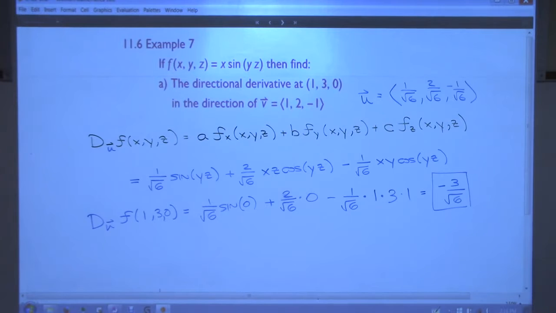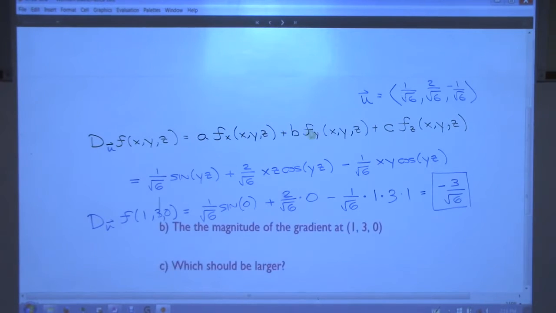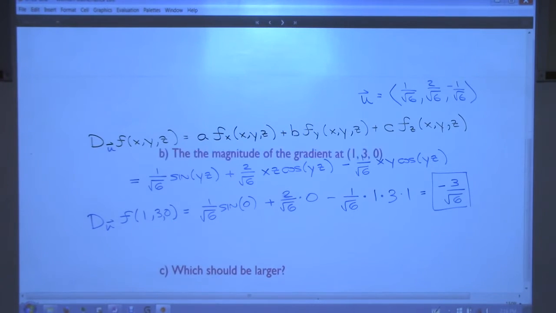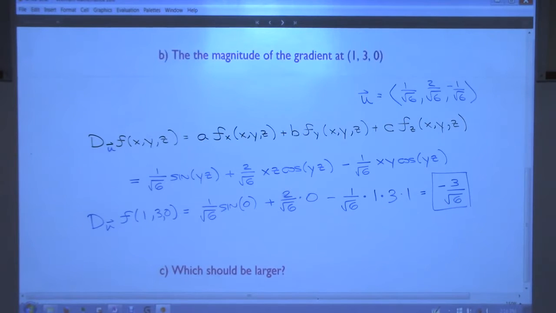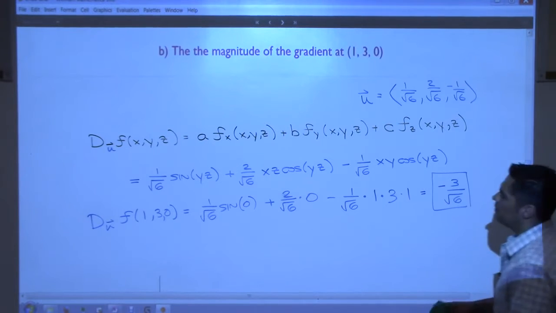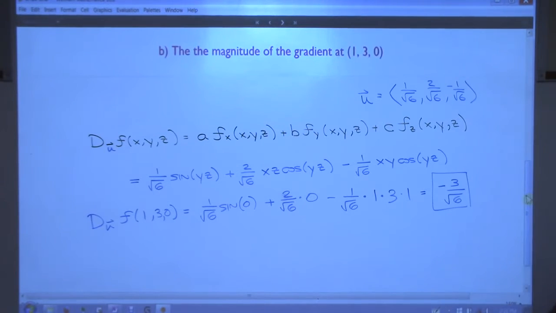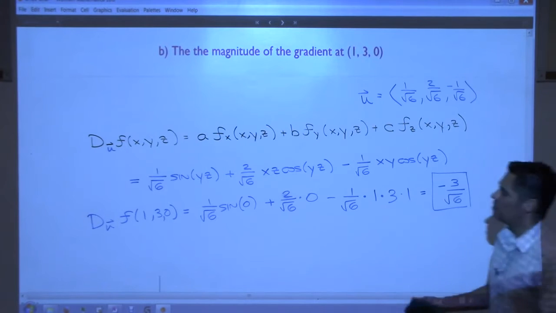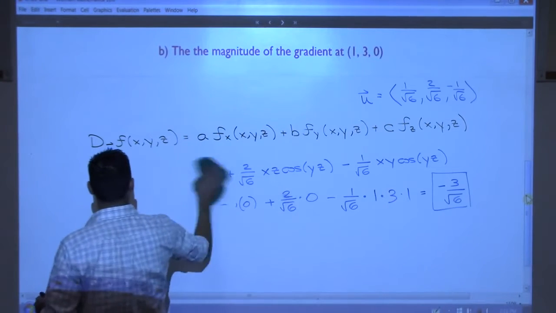Part B. What's the magnitude of the gradient vector at (1, 3, 0)? Well, we know what the gradient vector is, right? We actually got the partials already. So let me just write down what the gradient vector is. Wait. Whoa.